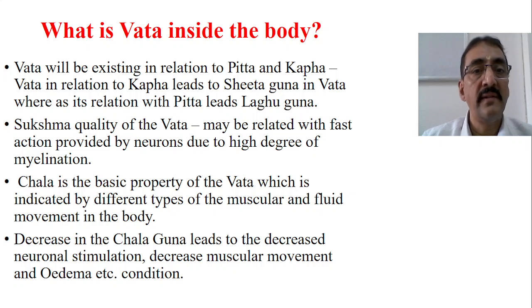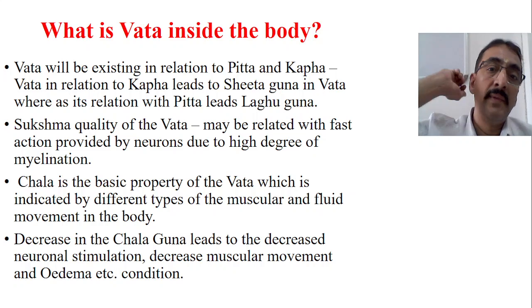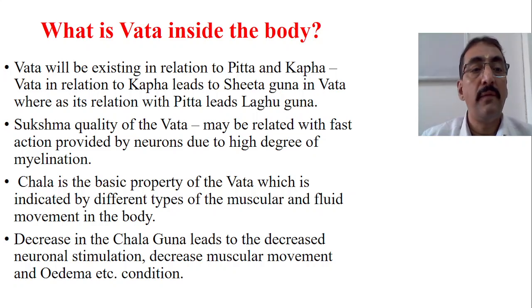This is one example. Vata exists in relation to Pitta and Kapha: in relation to Kapha it becomes Shita Guna, and in relation to Pitta it becomes Lagu Guna. Similarly, the Sukshma quality of the Vata may be related with the very fast or rapid actions provided by the neurons due to a high degree of myelination. We say that Vata has the Sukshma Guna. So what actually is this Sukshma Guna? Sukshma Guna is very fast or rapidly acting, rapidly acting meaning in milliseconds.